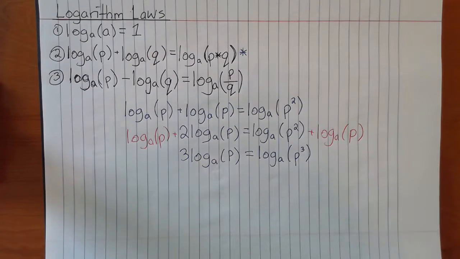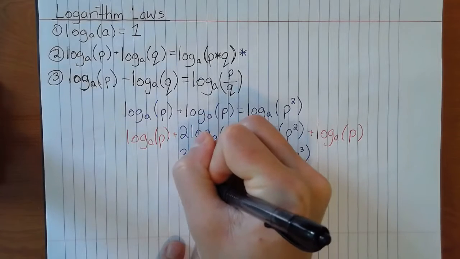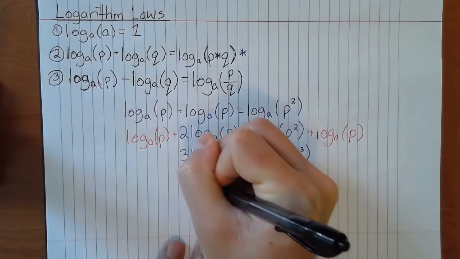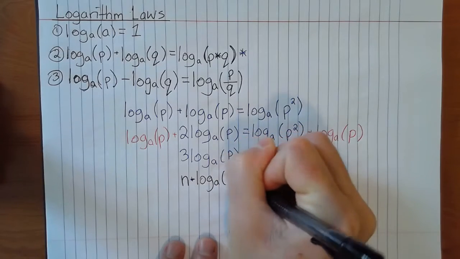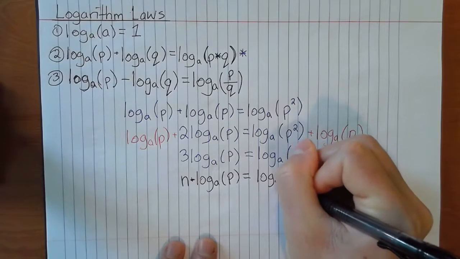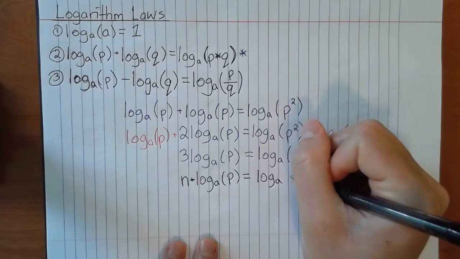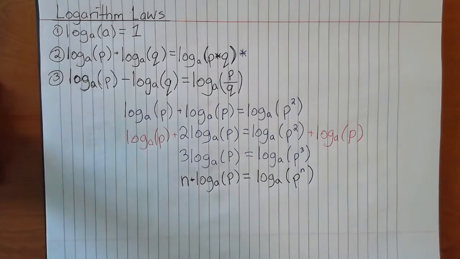Based on this work, we can sort of generalize and create a new fourth law. We could say that any number multiplied by a logarithm with an input is going to be equal to a log of that same base, they're both A, where that n is now the exponent.